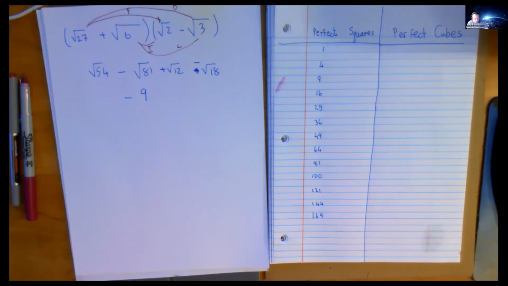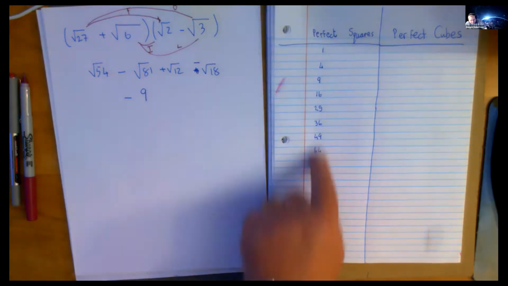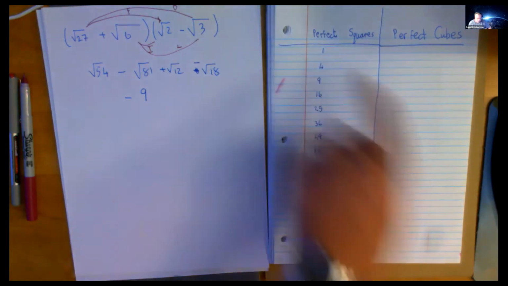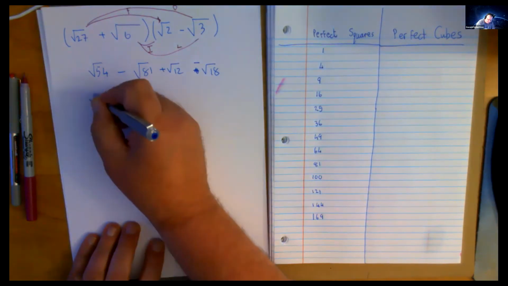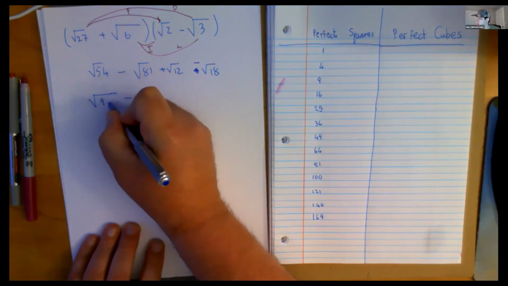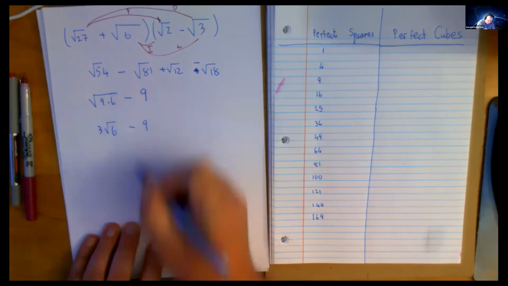So let's go one at a time. Square root of 54. Somebody in here works with 54? 6 and 9. Okay, which is going to get me 3 root 6 and take away 9.